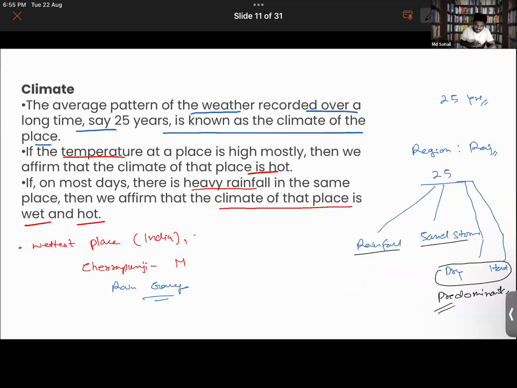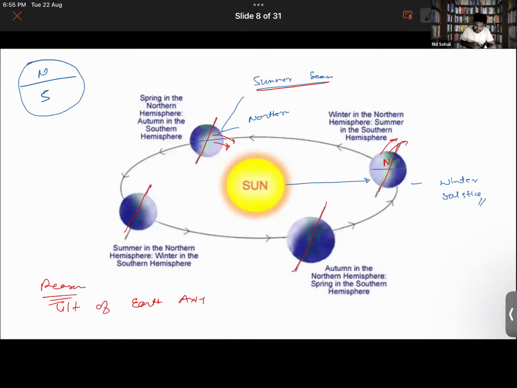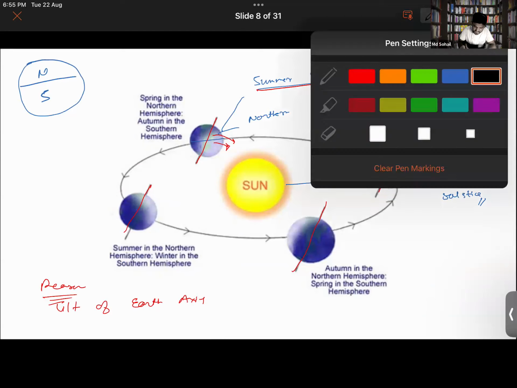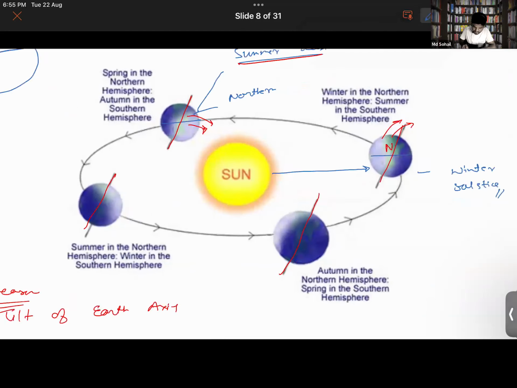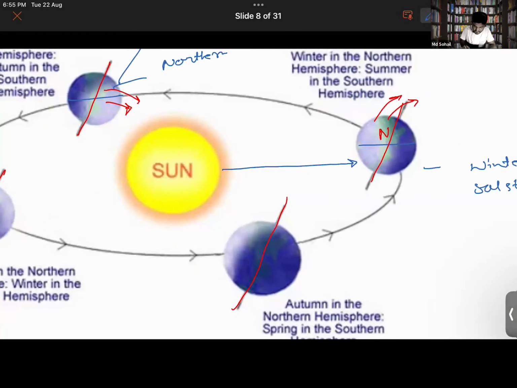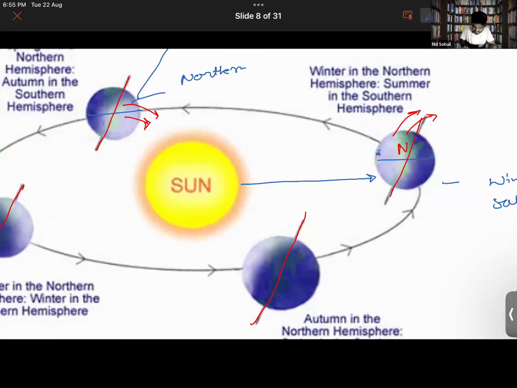Look at this diagram here. So these places, this much of region here, that is the equator. They are close to the equator now.